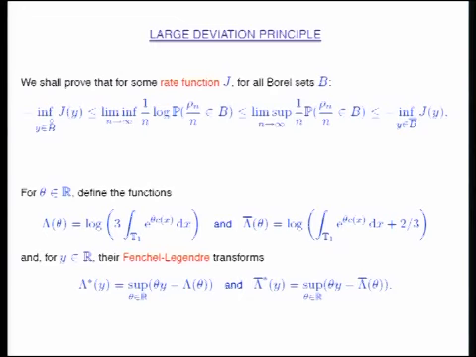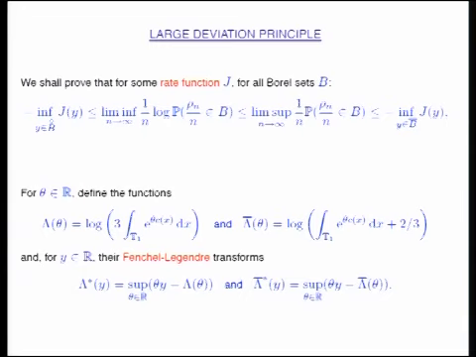Okay, and then you can also do a large deviation principle. Recall that a large deviation principle is where you want to compute the asymptotic probability of very rare events, on a log scale.